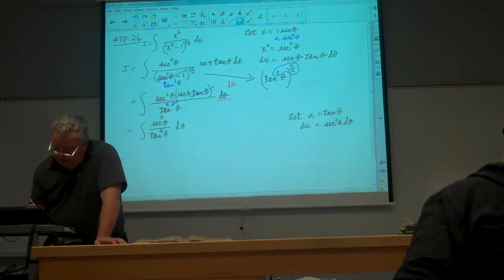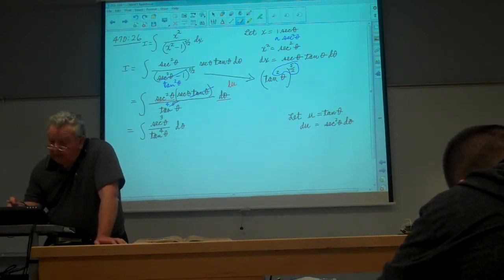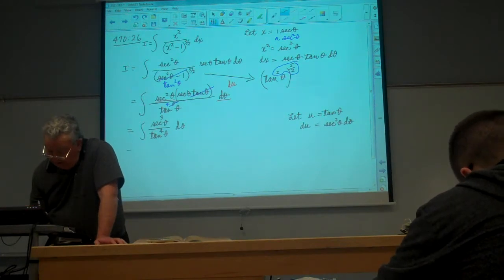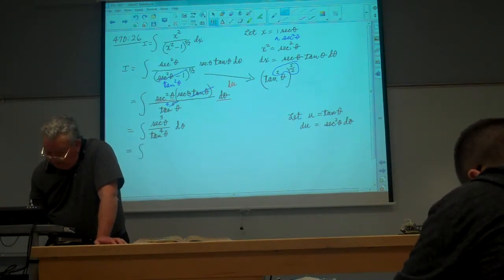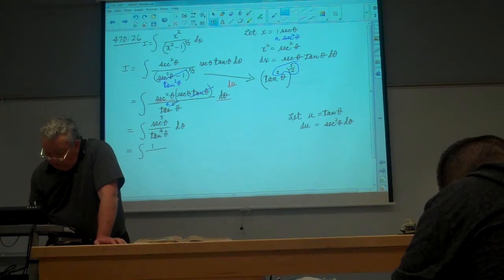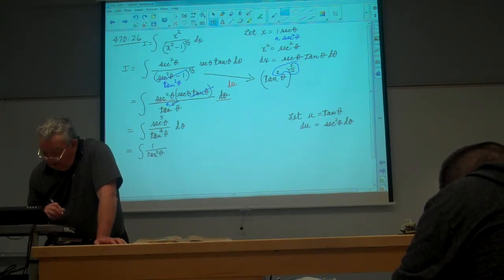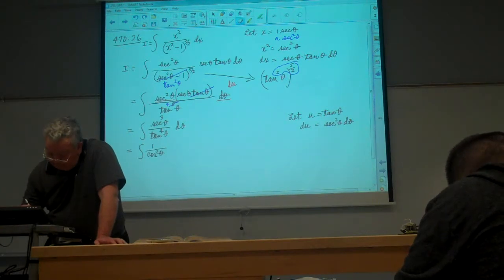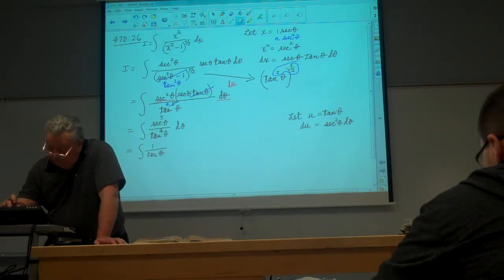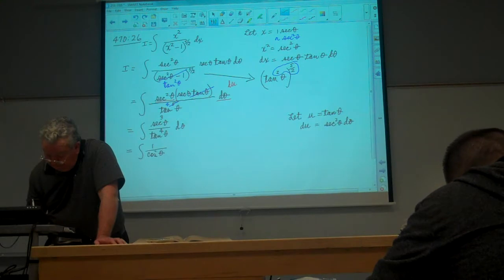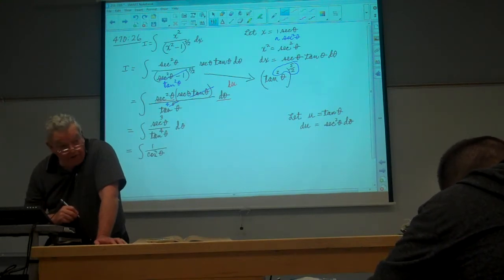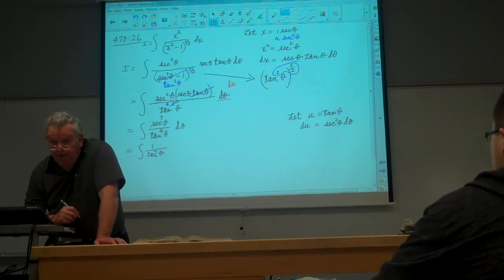So let's try this. This is equal to the integral of 1 over cosine squared theta, cubed theta, isn't that the secant cubed? Is that right?